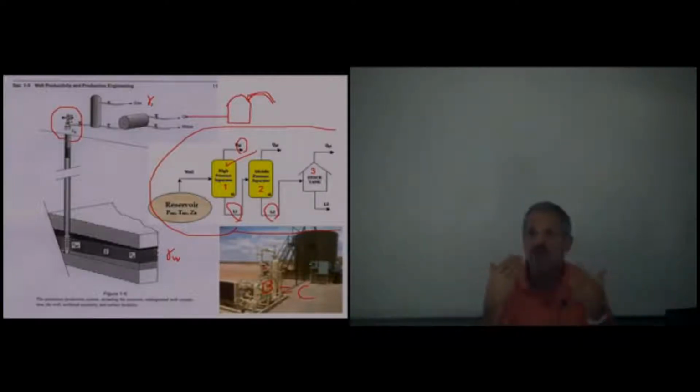But usually when we talk about oil in this class, we're talking about condensate. We're talking about something that was in the ground as a gas, and when we bring it to the surface, it condenses. Liquid comes out at a lower temperature and pressure.